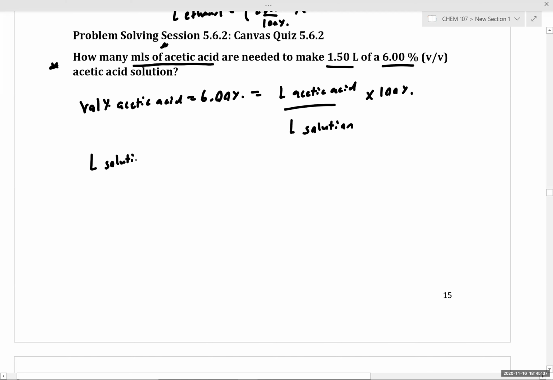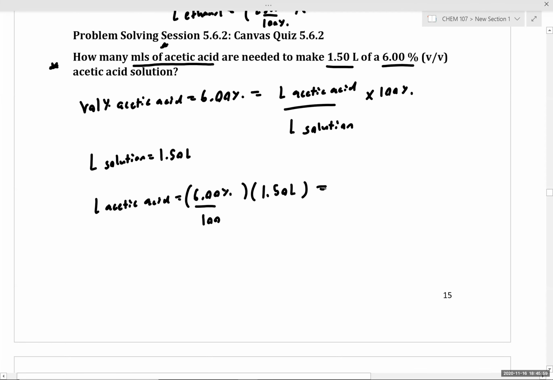And we know the liters of our solution is 1.50 liters. So then the liters of acetic acid are equal to 6.00% over 100 times the volume of solution, which is 1.50 liters.